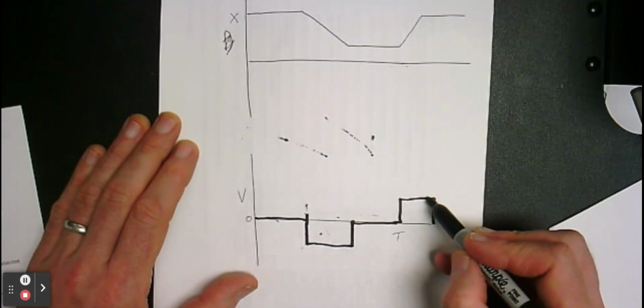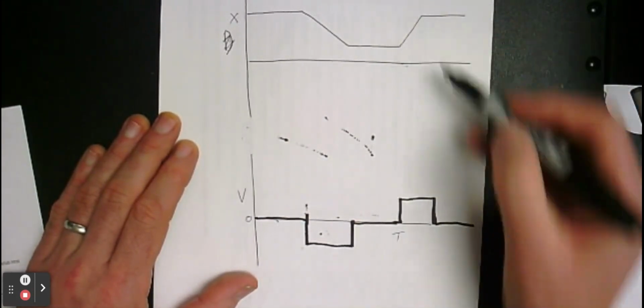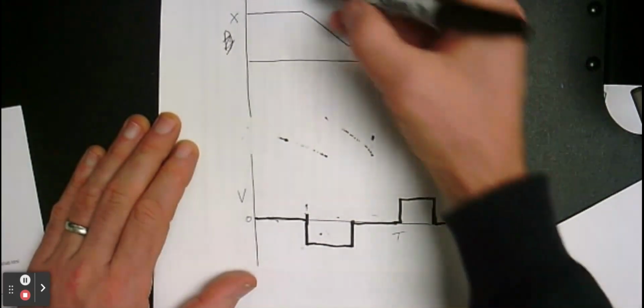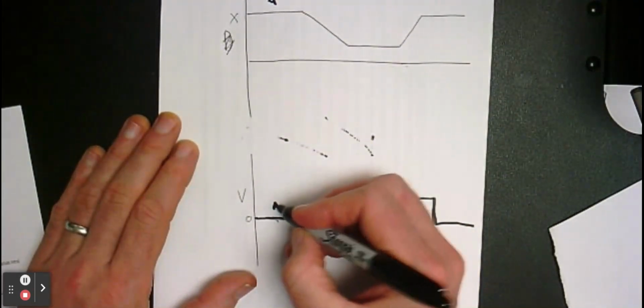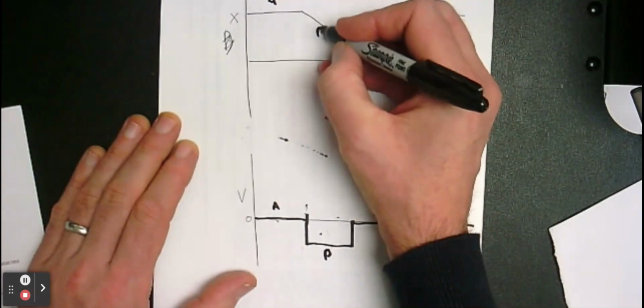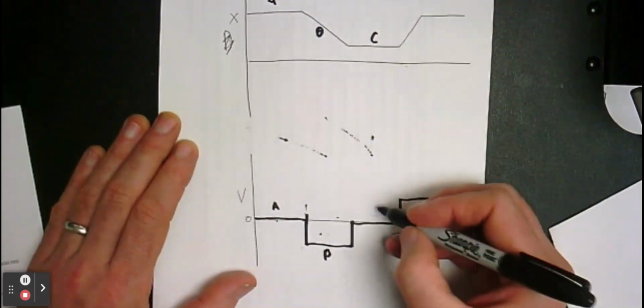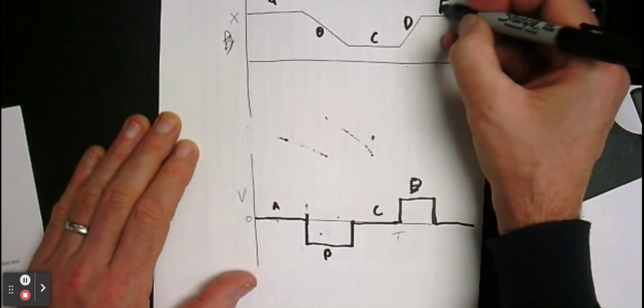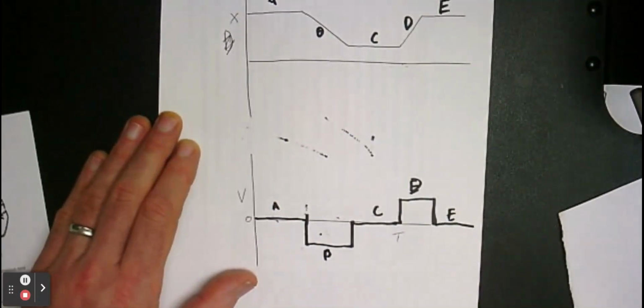I drew this a little too long, but that's okay. Then this should be a little crushed together. This is a little too wide, that section. So A, B, C, D, E. Okay?